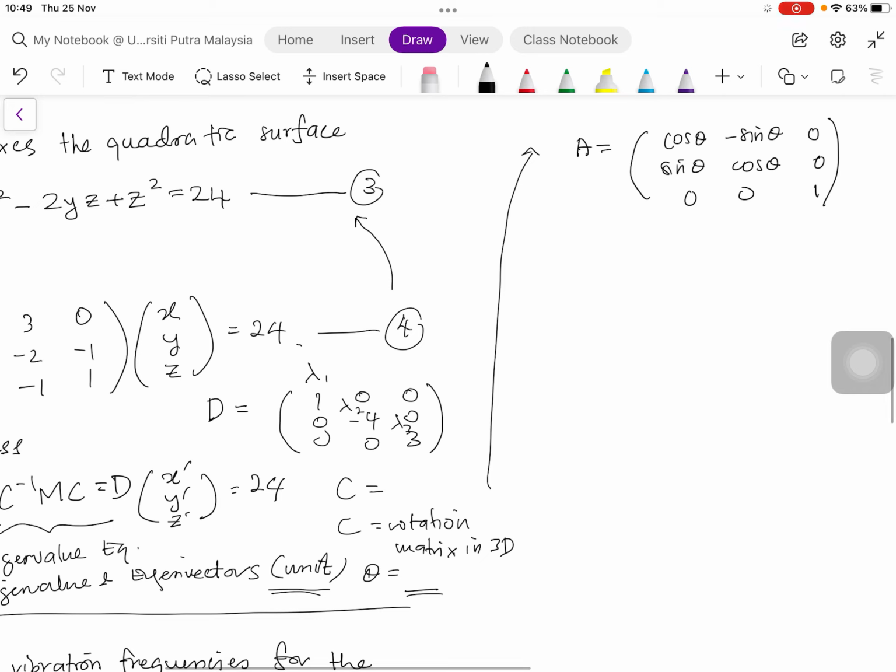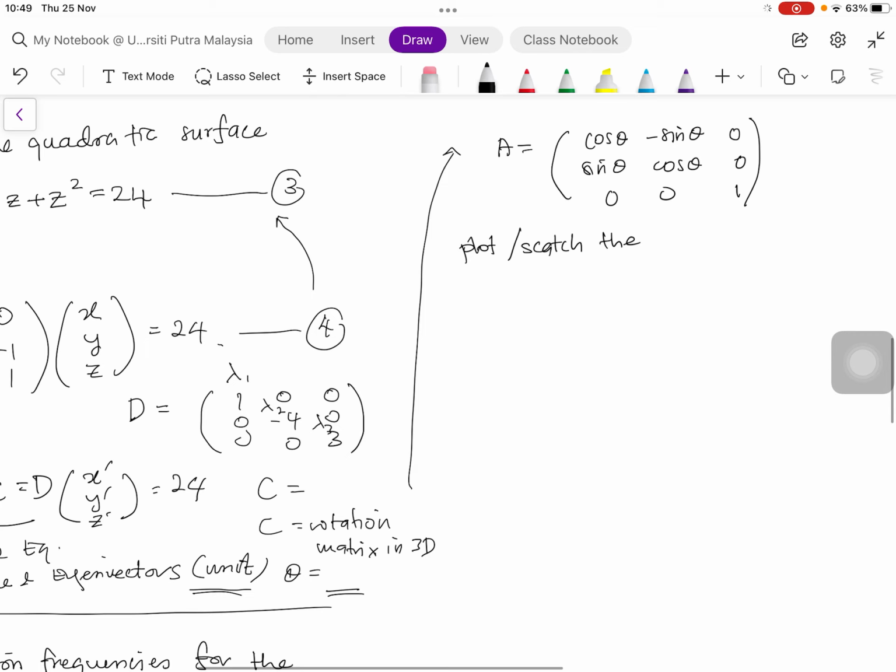You can try to plot or sketch the eigenvectors, then you will be able to find the angle.